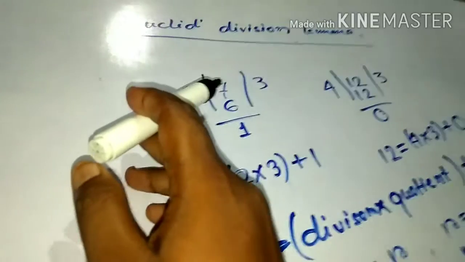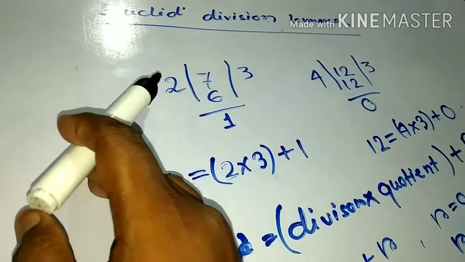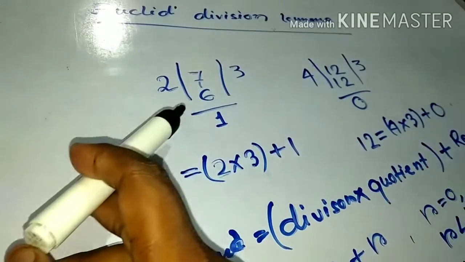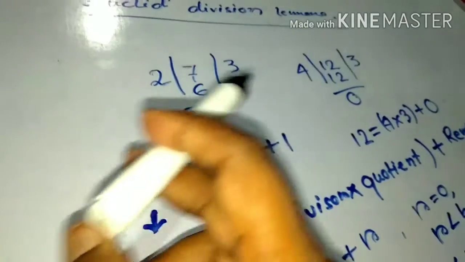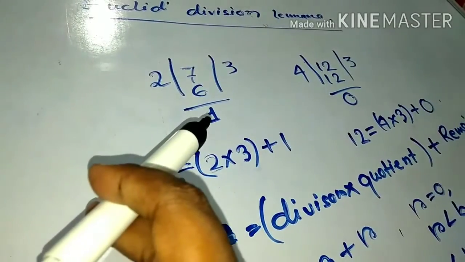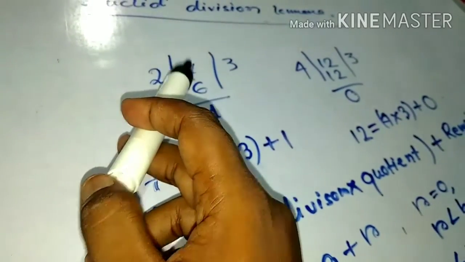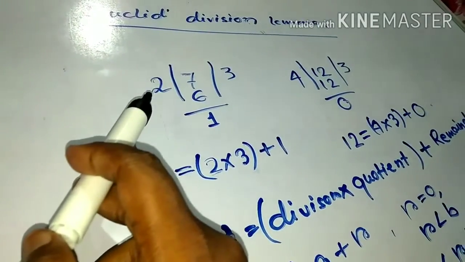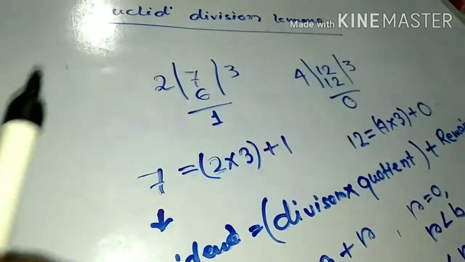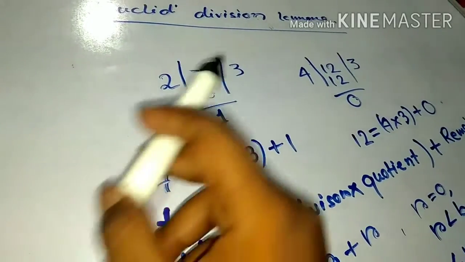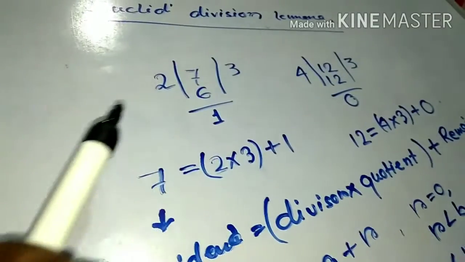While dividing 7 by 2, you get the quotient 3 and the remainder 1. Besides these two, can you get any other values of quotient and remainder? Can it be 2 into 4? No. That is why the quotient and the remainder must be unique.